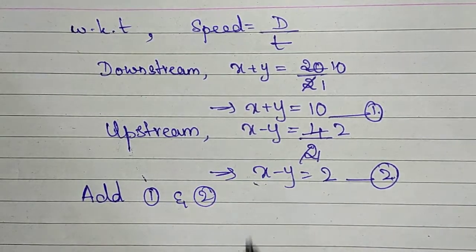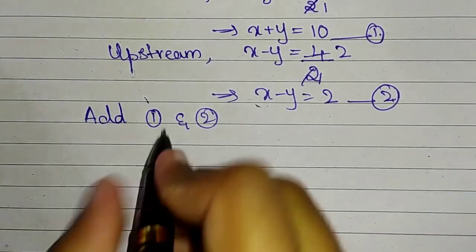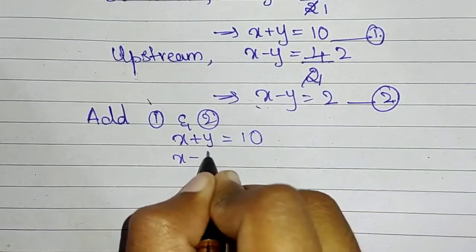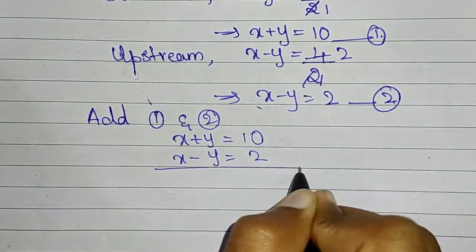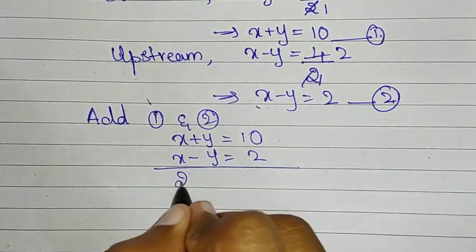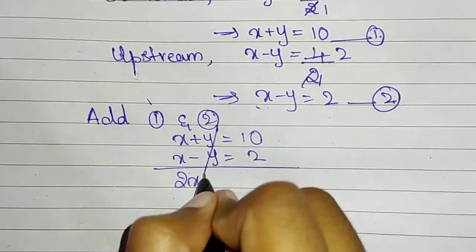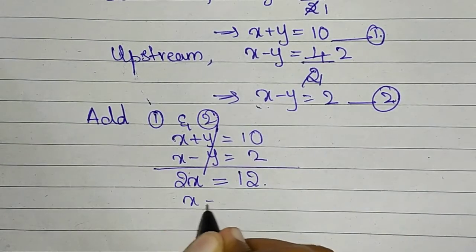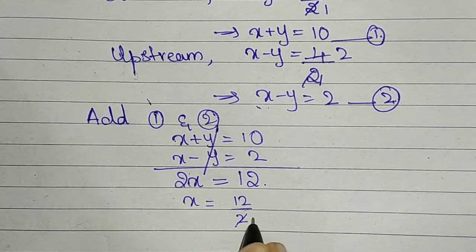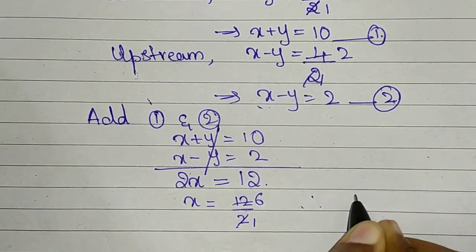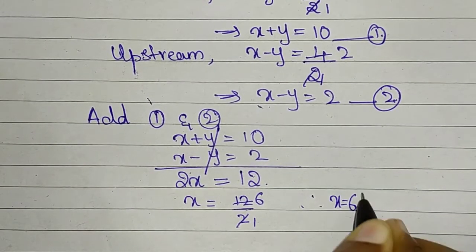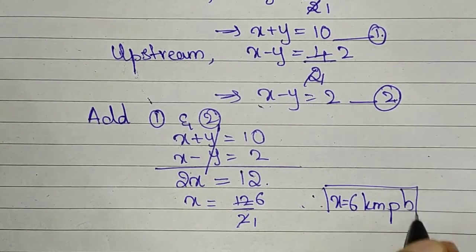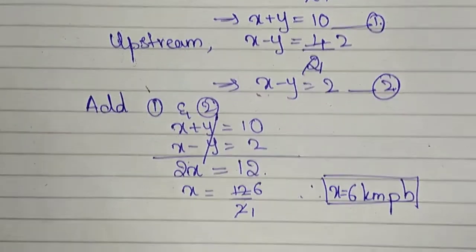We get x plus y is equal to 10, x minus y is equal to 2. Since we are adding, there is no change in signs. x plus x, 2x; plus y minus y cancels each other. 10 plus 2, 12. So x is equal to 12 by 2, which is 6. Therefore x is equal to 6 kilometers per hour, 6 kmph.